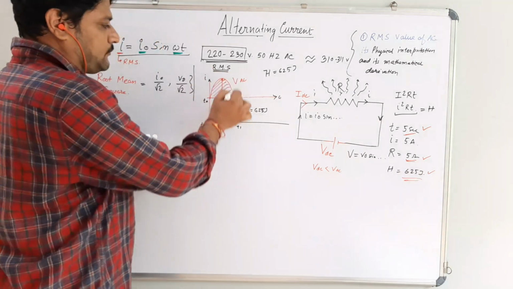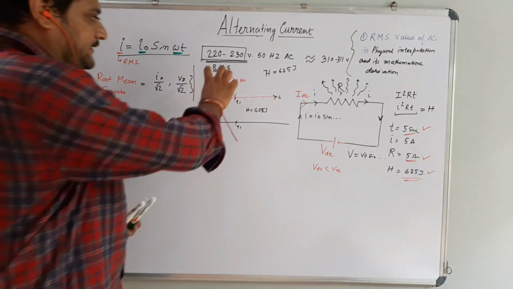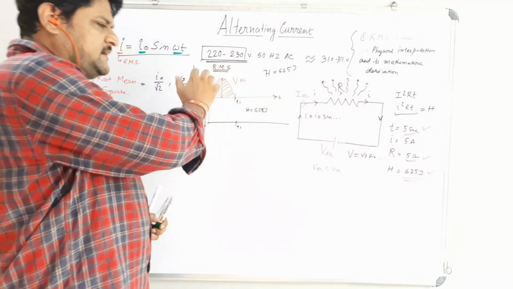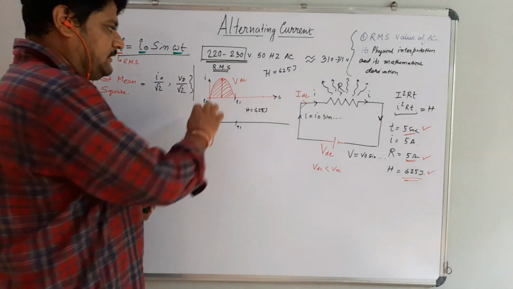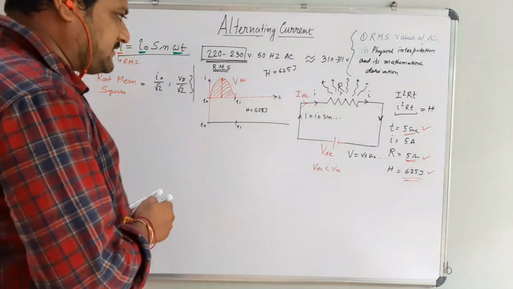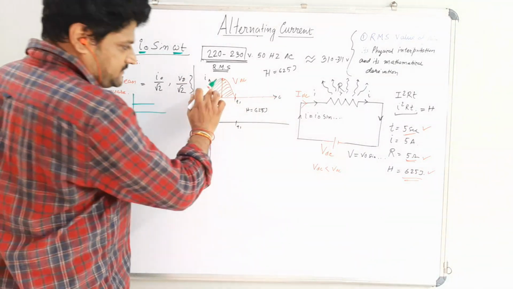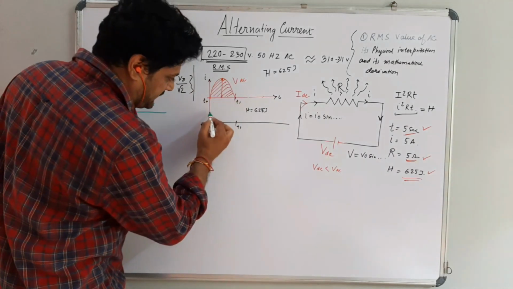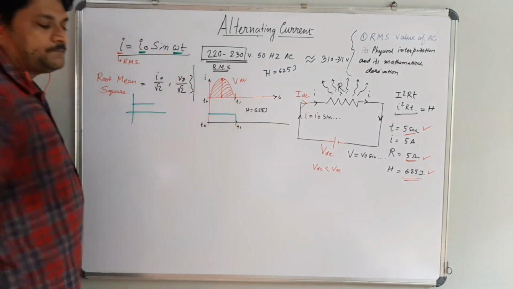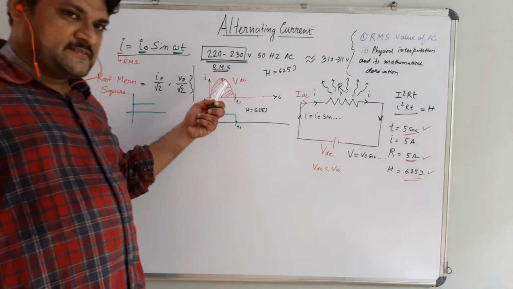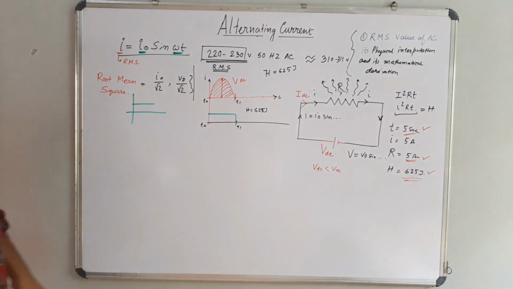Now if you calculate the effective value, and consider this as a semicircle, what is the property of DC? It is like this. So the area of the semicircle is converted into a rectangular one.